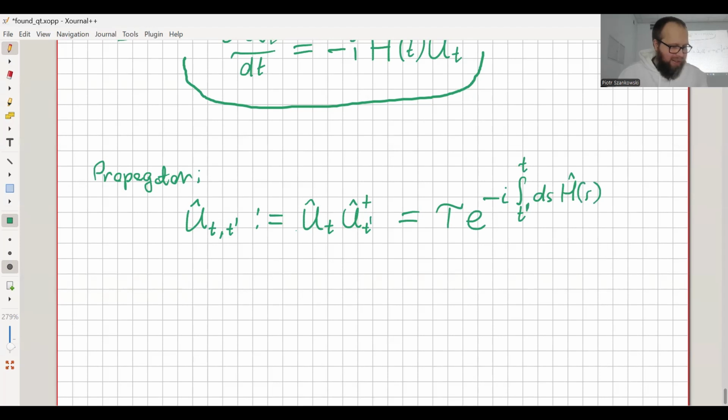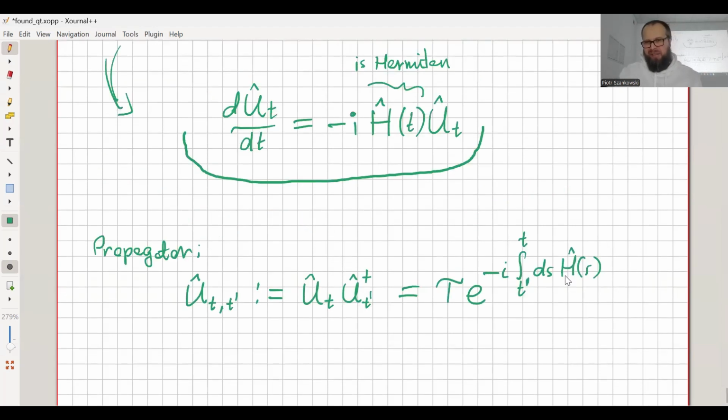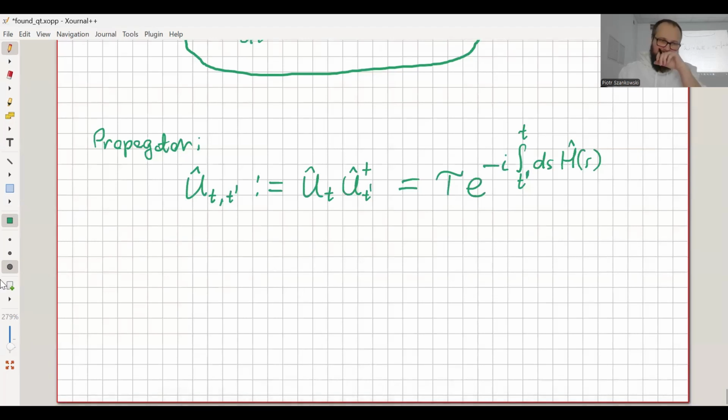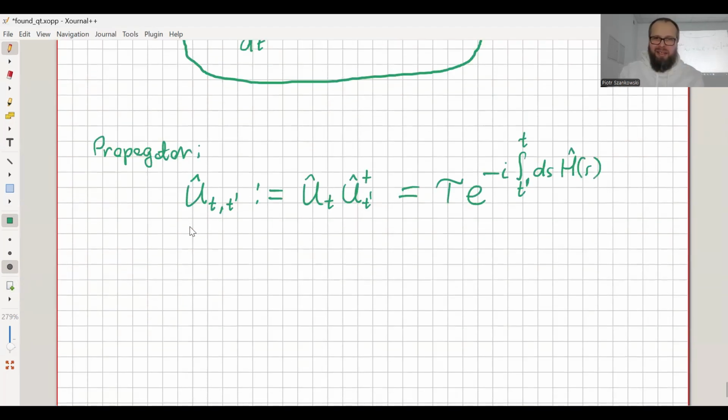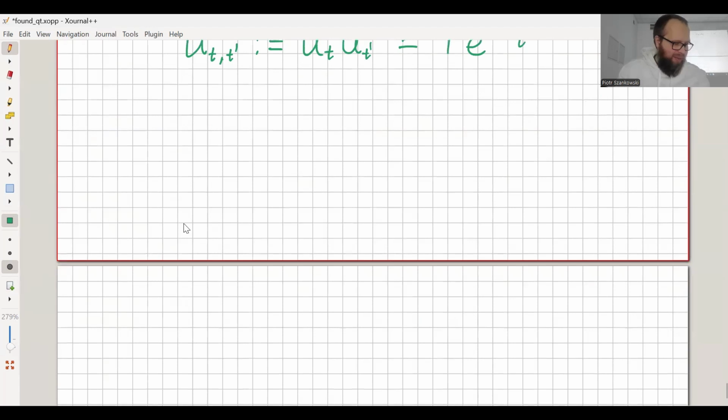And that would be almost it, except for one additional small observation, because for now this generator, the Hamiltonian, can be dependent on time. However, there is one more thing we haven't talked about in our very setup, right?